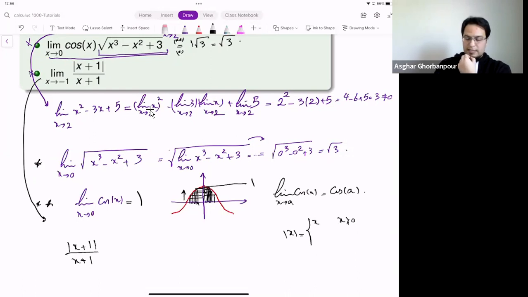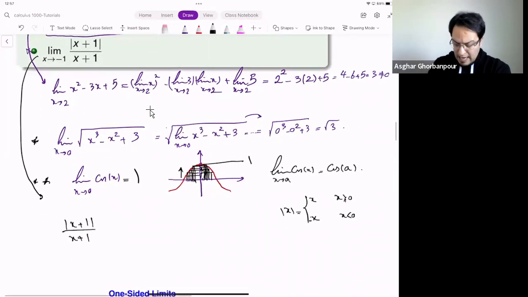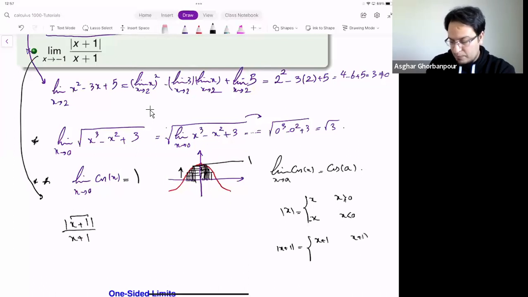If x is negative, I have to multiply it by a negative sign. Now, instead of x, I have x plus 1. Absolute value of x plus 1 will be x plus 1 if x plus 1 is bigger than or equal to 0. But that's the same thing as saying when x is bigger than or equal to negative 1.